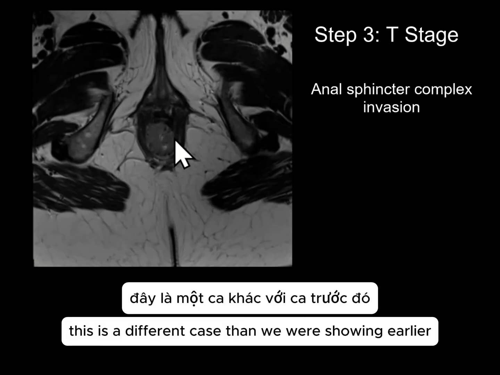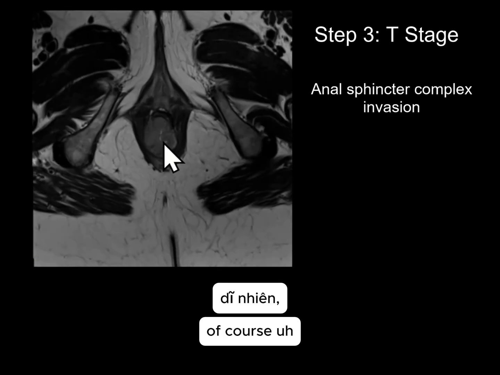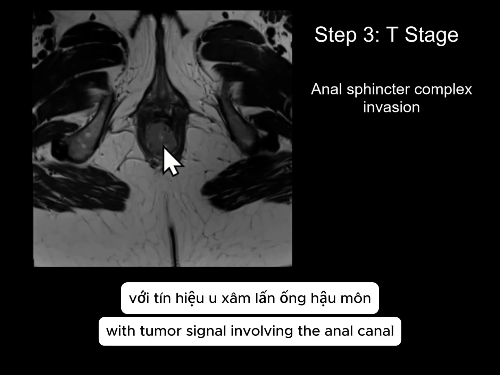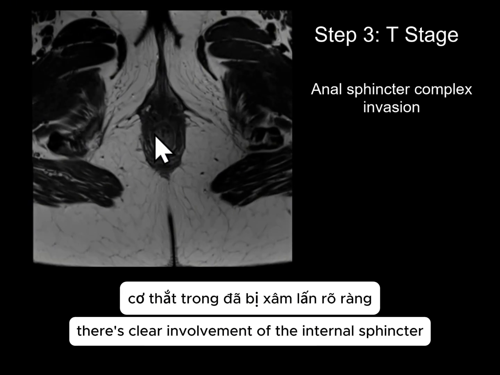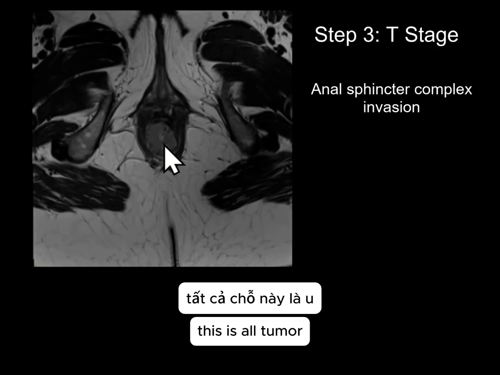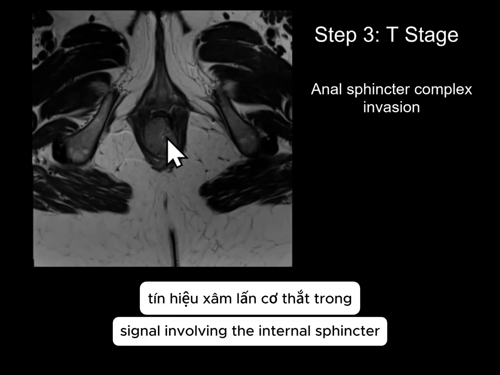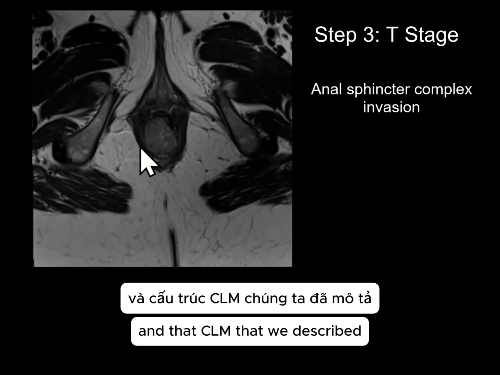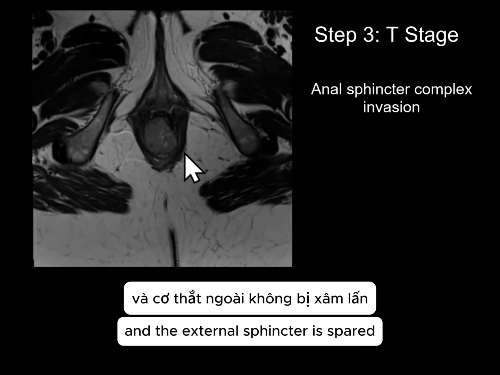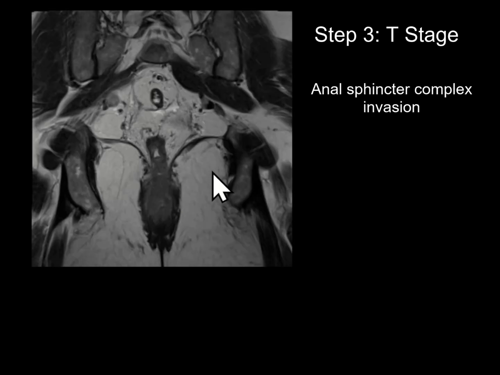So this is a different case than we were showing earlier, of course, with tumor signal involving the anal canal clearly here. And so there's clear involvement of the internal sphincter, which is here. So this is all tumor signal involving the internal sphincter. There's also involvement of the intersphincteric plane and that CLM that we described, and the external sphincter is spared.